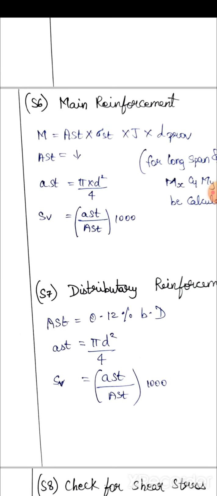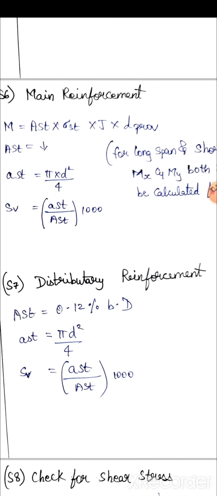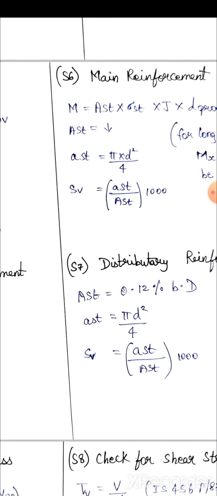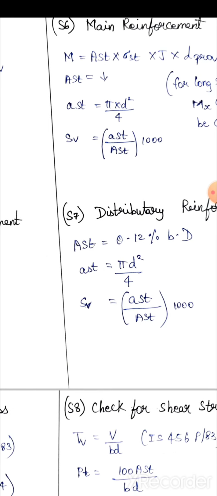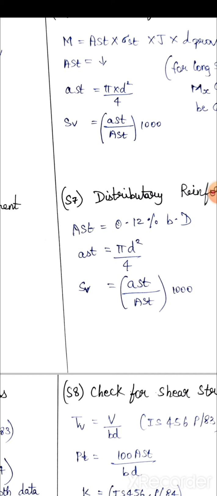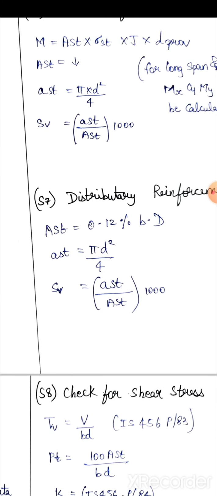So the formula is M equal to ast into sigma st into j into depth provided. With this formula, we'll find ast. Next, small ast formula is pi d square by 4. These two are used for finding spacing equal to small ast by ast into 1000. So we must find spacing for longer and shorter span.